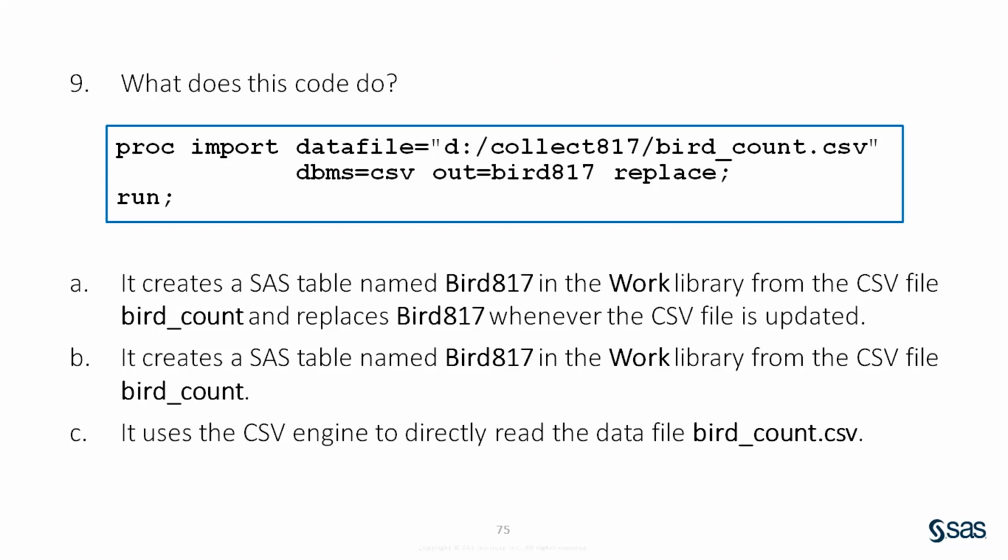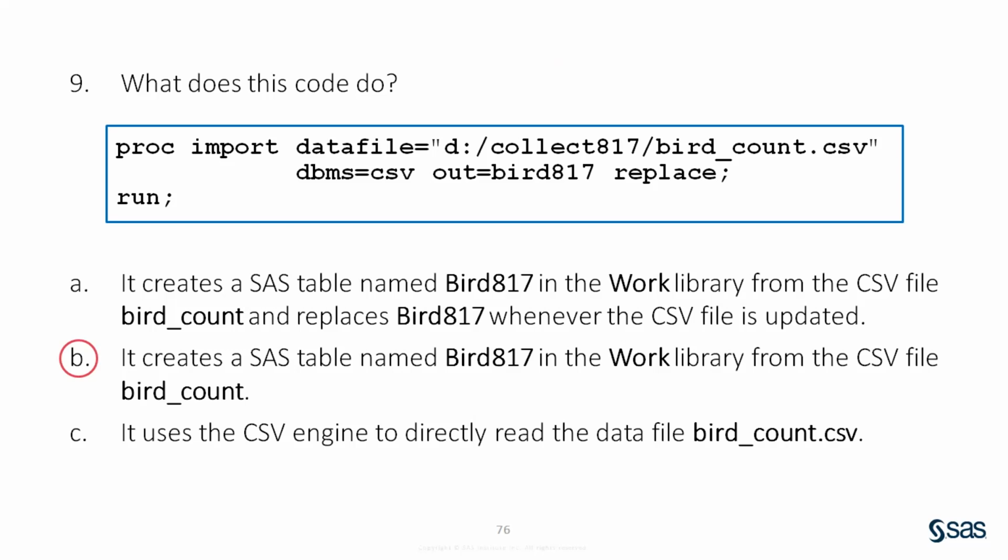So it's B. See, it's doing PROC IMPORT DATAFILE equal to birdcount.csv, DBMS is CSV, OUT is BIRD817 REPLACE. So it's B, because it creates a SAS table named BIRD817 in the work library from the CSV file birdcount.